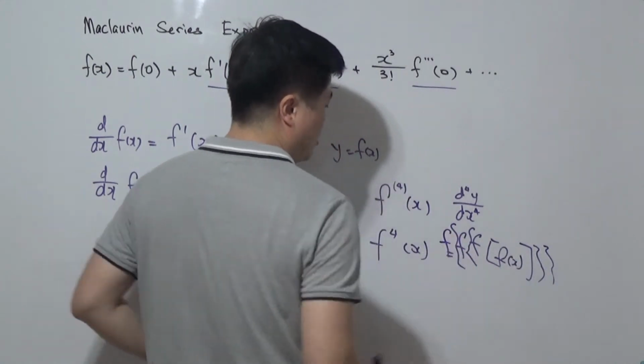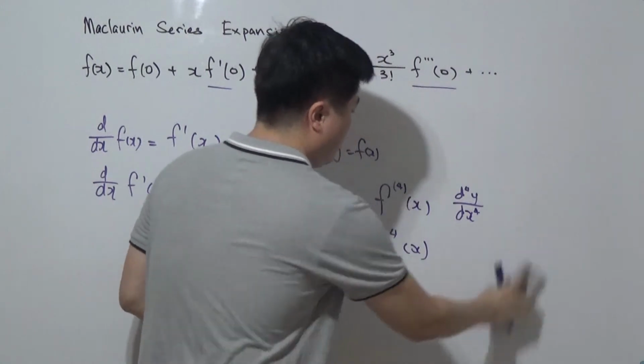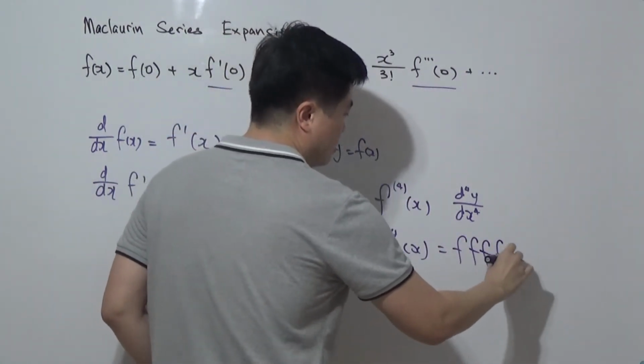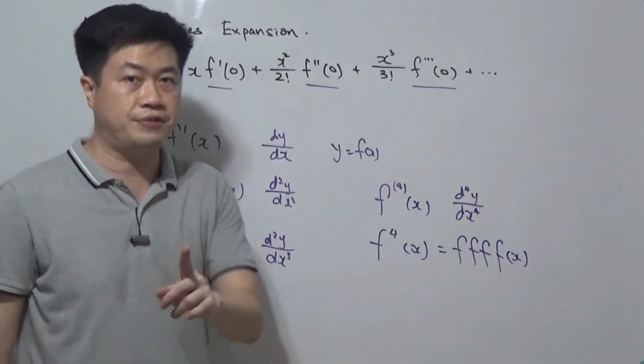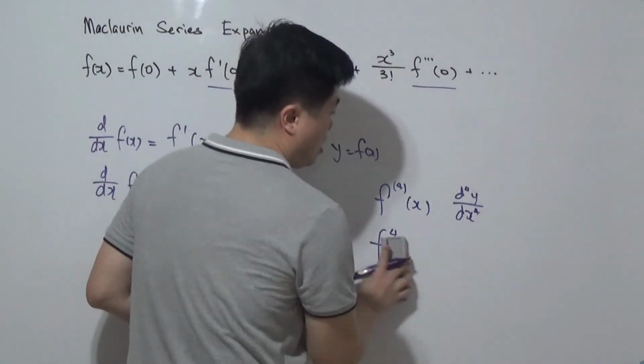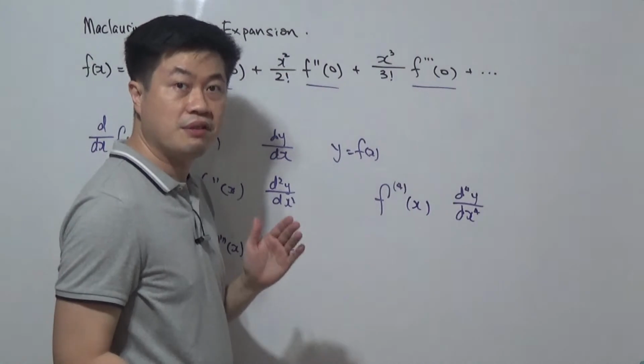So there are actually 4 f's. In other words, if you were to study functions, this means f, f, f, f of x. So be careful of the notation here. When you see f4 and f bracket 4, they mean different things, okay?